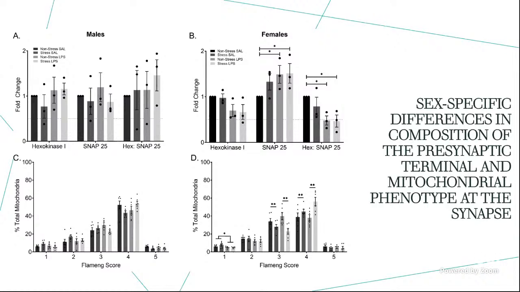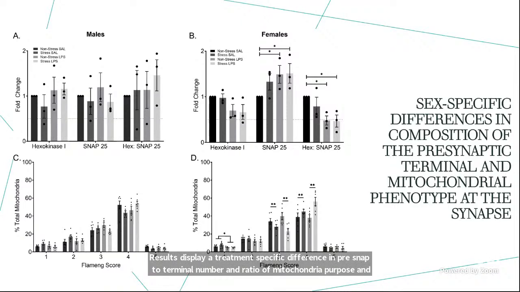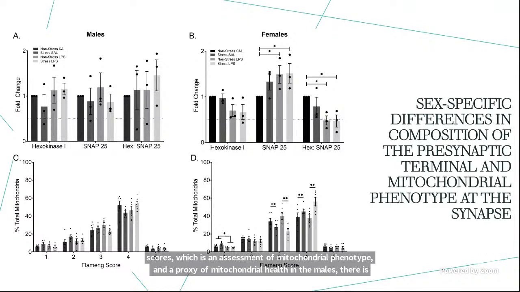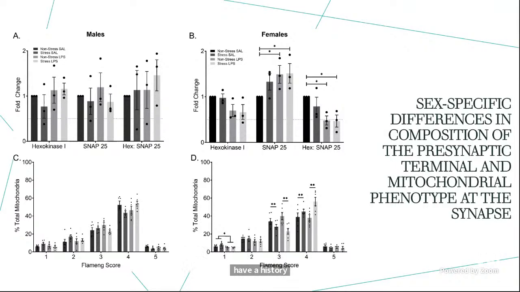In the males, there is no significant difference between mitochondrial phenotype distribution, yet within the females, we see that those with a history of inflammation possess lower levels of fully ruptured mitochondria, which is a score of 1, yet they have more damaged mitochondria, showing decreased amounts of swollen or agranular mitochondria when compared to their non-stress treatment match controls. So that's looking at 3 and 4 in the scoring system.